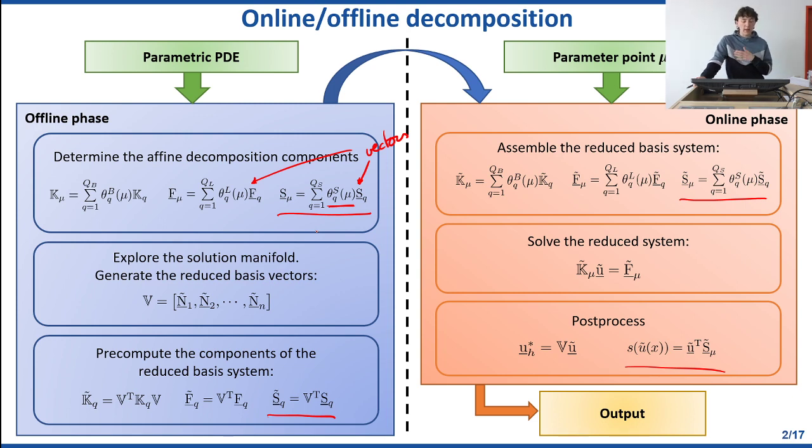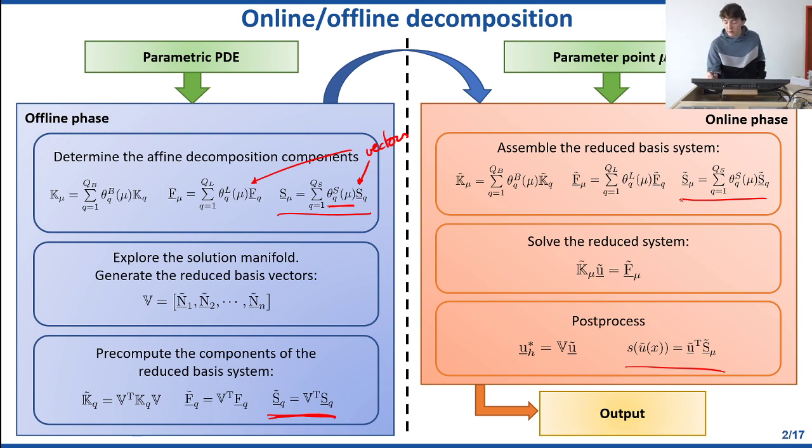So once we have done that, and we have explored the solution manifold, and we have generated the reduced basis space V, then we would also have to pre-compute those components in that reduced basis system, as we see here. Again, this is exactly the same thing as for the force vector, because a force vector represents a linear form, just like this output is a linear form.